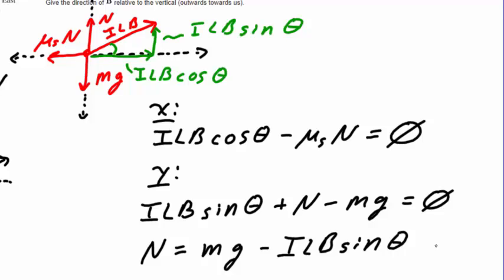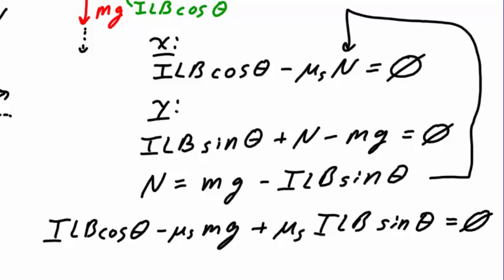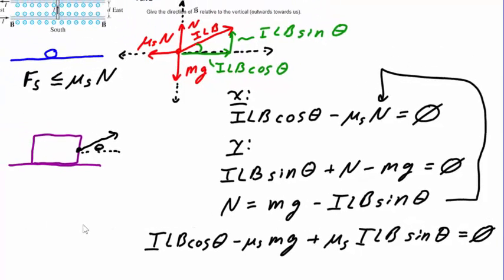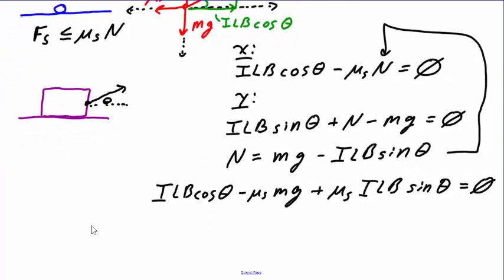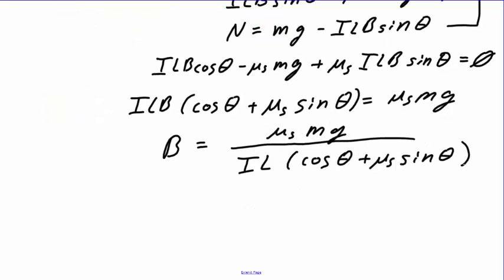This result we are going to plug into the first equation in the frictional term, and that will yield a new result, ILB cos theta minus μs mg plus μs ILB sine theta. This equation we can solve by grouping the B terms together and then solving for the magnetic field. As shown here, we can do this in two simple steps: first combining the terms, and second solving for the magnetic field.